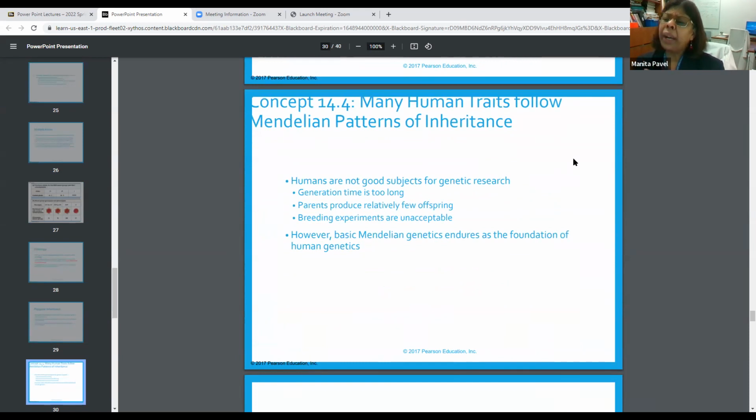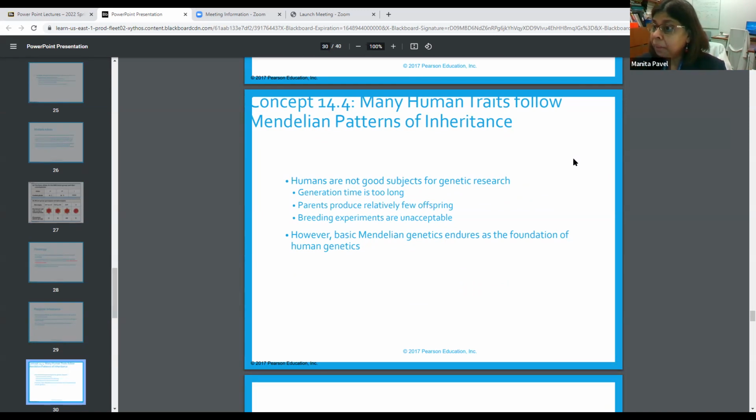Now we want to know, why don't we use humans to conduct genetic experiments? Because in humans the generation time is too long. Parents produce relatively fewer offspring, and breeding experiments are unacceptable. It's against the law to conduct genetic experiments on humans. But Mendel studied the pea plant.